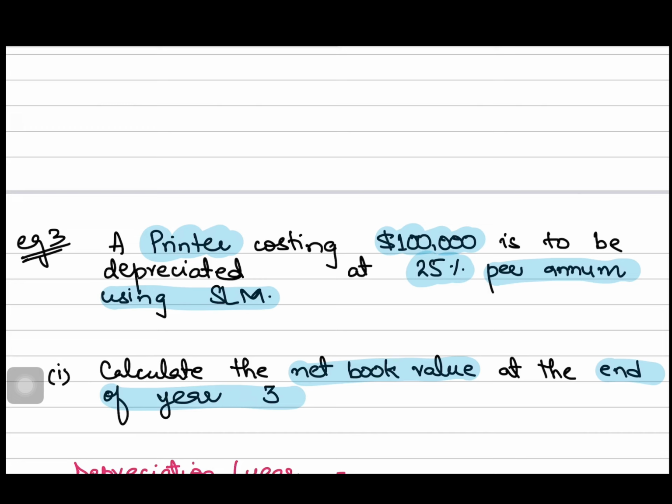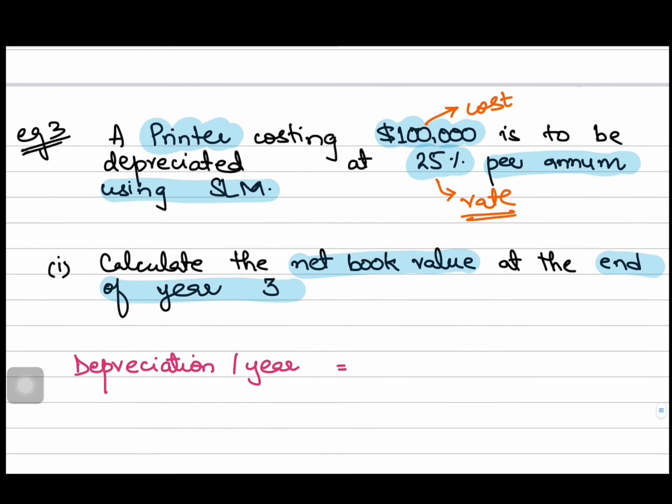Now what is given to us in this question? We are given the cost of $100,000, and we are given the percentage rate. We don't have the useful life, we don't have the residual value, we just have two things, cost and the percentage rate. Now which formula can we use to calculate depreciation every year? That is cost multiplied by the percentage rate.